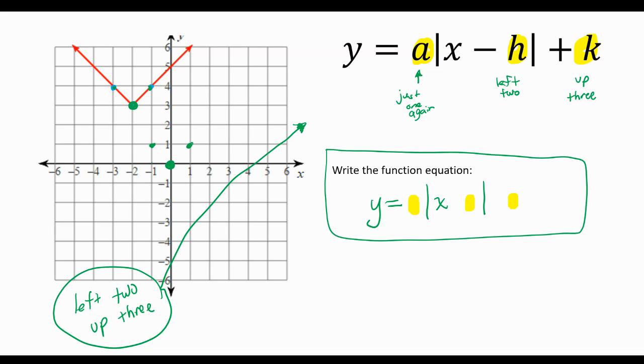Now the up 3 is easy because that means we just go plus 3 in the back because K moves it up or down. We don't really need this hidden 1. And what do we write for left 2? We do opposite of what we think. We put plus 2.